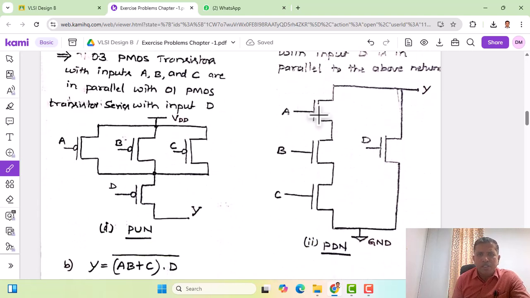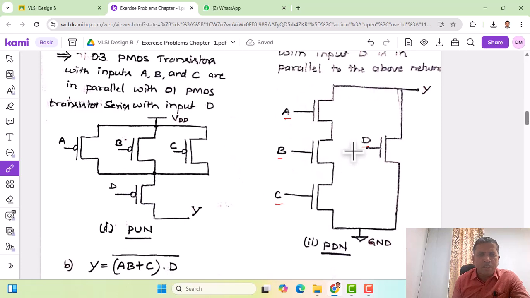So you can see here, all three are NMOS transistors connected in series with inputs A, B, and C, and this in turn is in parallel with another NMOS transistor with input D. And as usual, the pull-down network is tied to the ground, and the other side of the pull-down network is connected to the output Y.